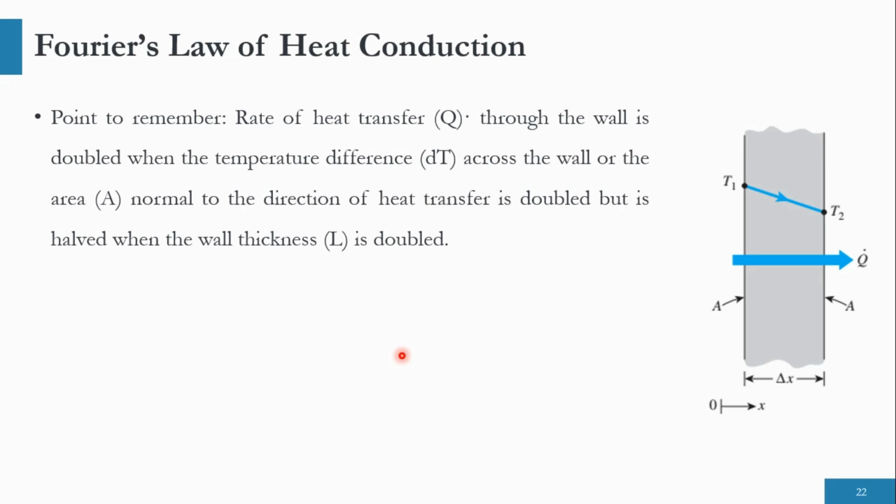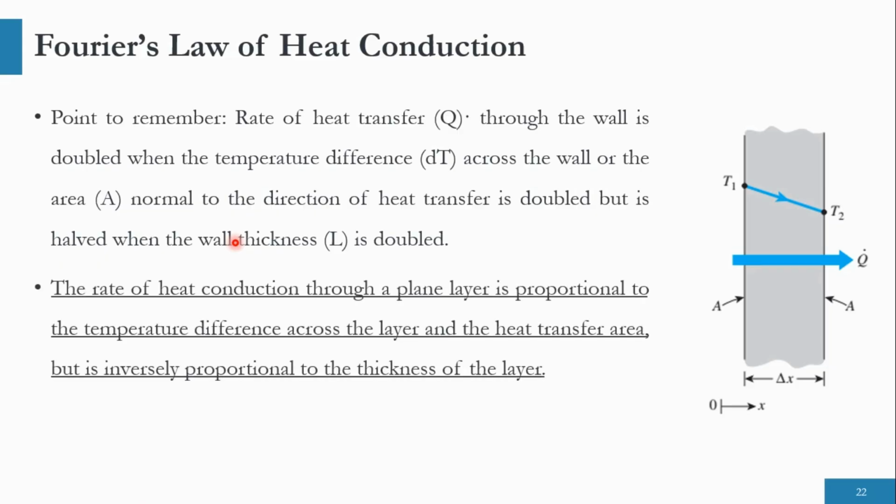We have to remember the point, which is actually proven by experiments, that the rate of heat transfer Q through the wall is doubled when the temperature difference across the wall or the area normal to the direction of heat transfer is doubled, but is halved when the wall thickness is doubled. This we have to always remember.